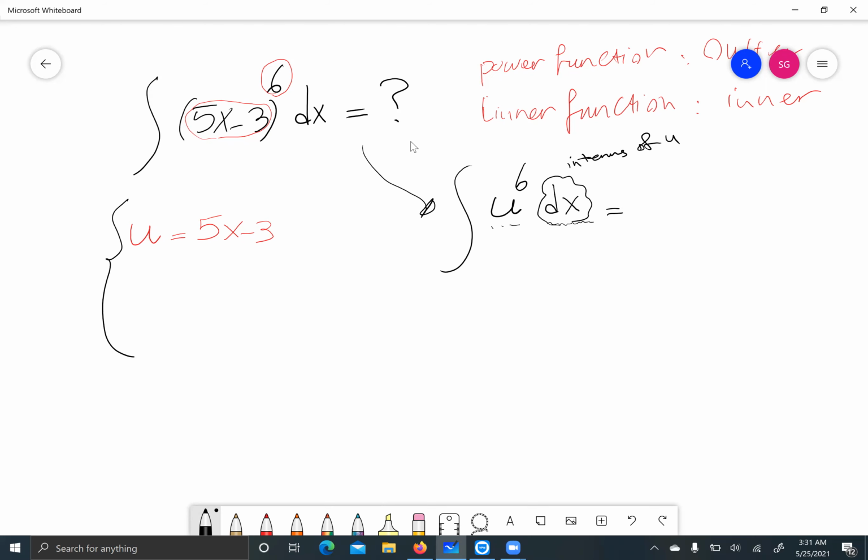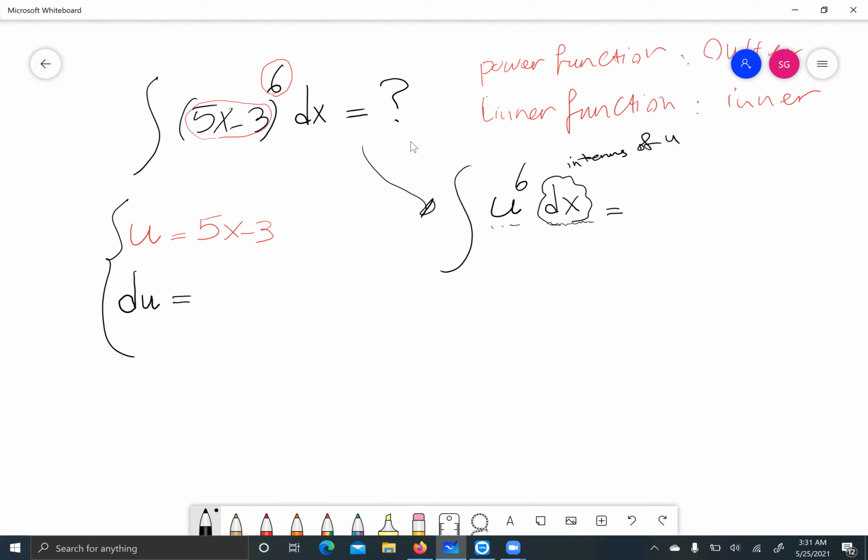Okay, we named 5x minus 3 as u. Now take the derivative of both sides, which means take the derivative of the left with respect to variable u, because we have two variables, u and x, and take the derivative of the right with respect to x.